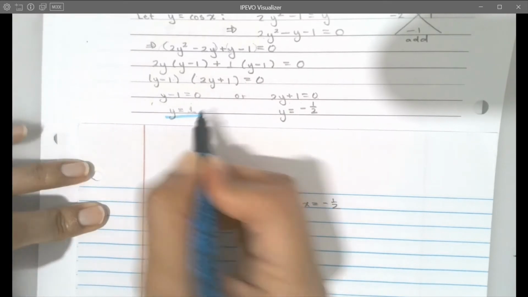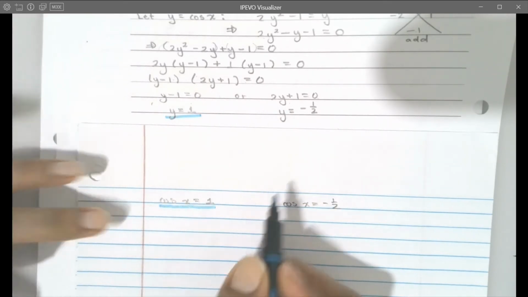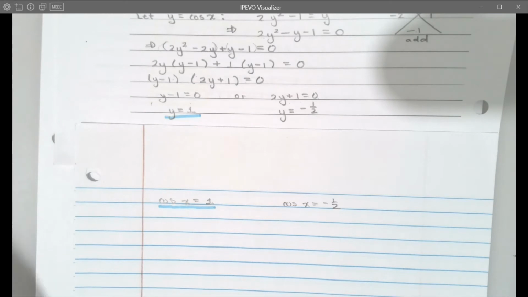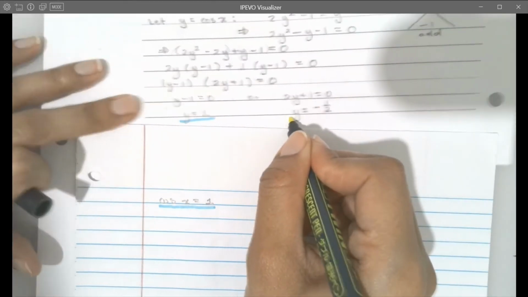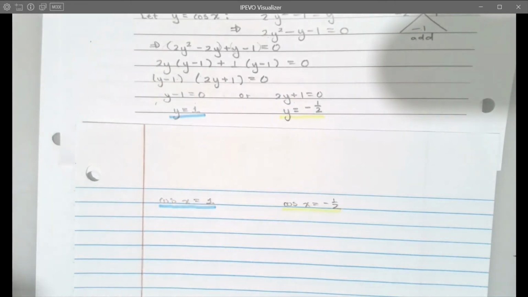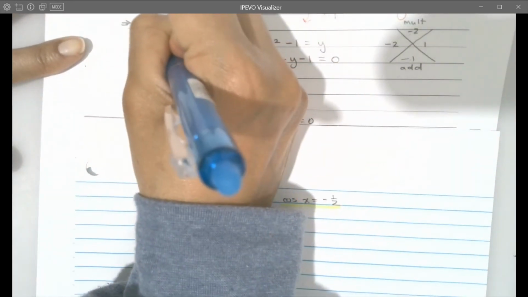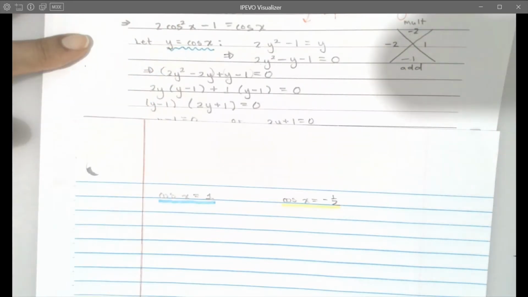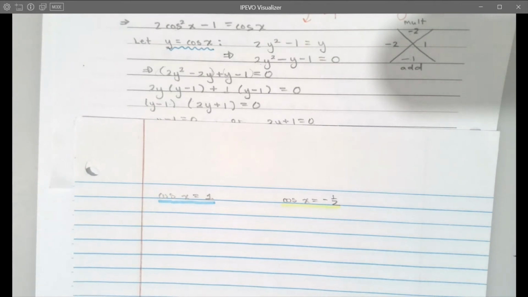From y equals 1, we got this equation, cosine x equals 1. From y equals negative 1/2, we got cosine x equals negative 1/2. And again, the reason why is because we originally replaced cosine of x with y, so we could focus just on the algebra aspect of the problem.